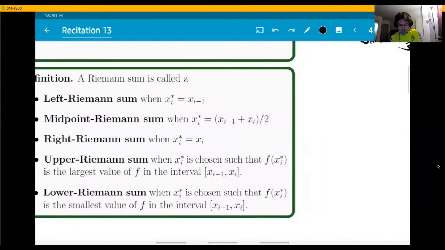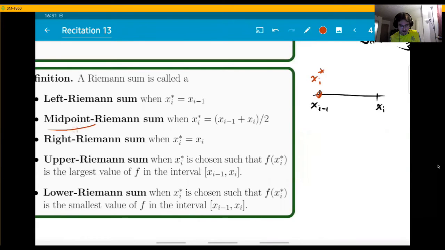So what this is saying is, imagine that you have your subinterval between xi minus 1 and xi. This could be any one of your subintervals. The point xi star that you're going to select inside here is going to be precisely the left endpoint, which is the xi minus 1. That's what's called the left Riemann sum.